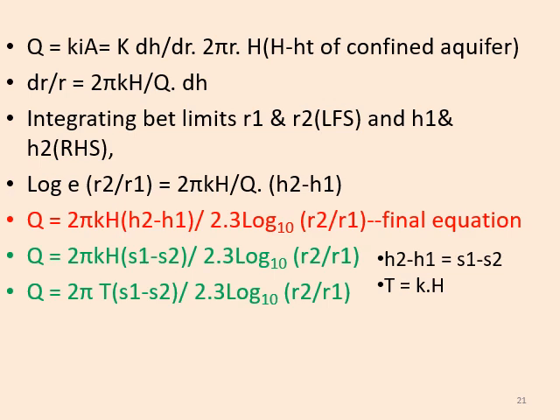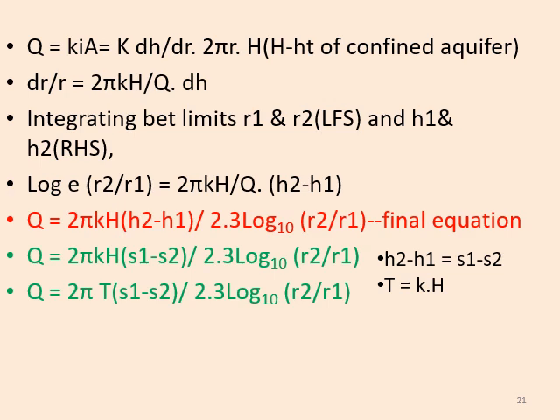In the same way, integrating between limits R1 and R2 on the left hand side and H1 and H2 on the right hand side, we get log e R2 by R1 equals 2 pi K capital H by Q into H2 minus H1.